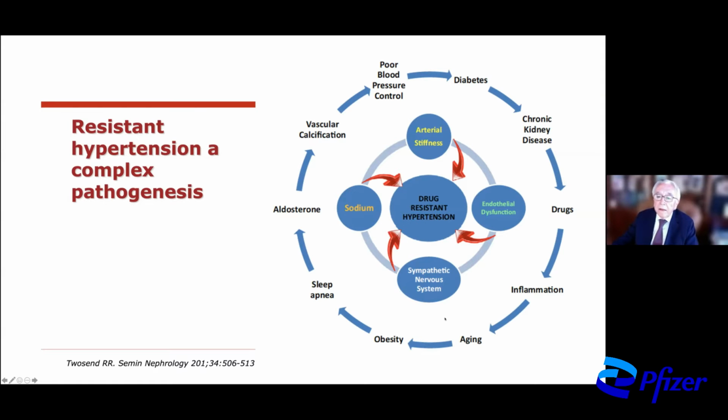But at the end, this converges in 3-4 aspects. One is an overload of sodium and volume, or an increment of the sympathetic nervous system, or vascular dysfunction. Vascular, well, in arterial stiffness, or in the microvascular with endothelial dysfunction.